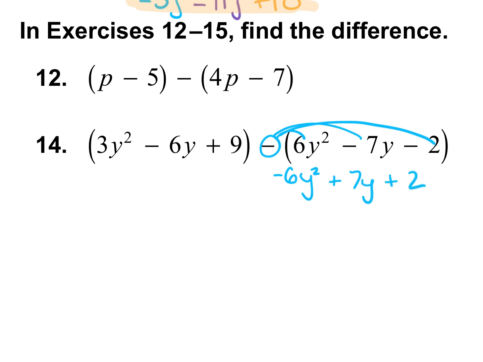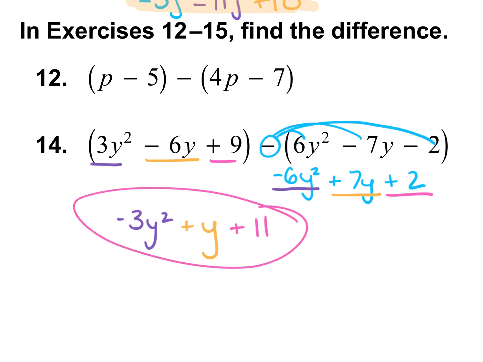So everything behind the minus, the signs flip. Now let's combine the like terms. What's 3y squared minus 6y squared? Negative 3y squared. Perfect. What about negative 6y plus 7y? Y, so plus y. And then 9 plus 2, 11. Questions here?